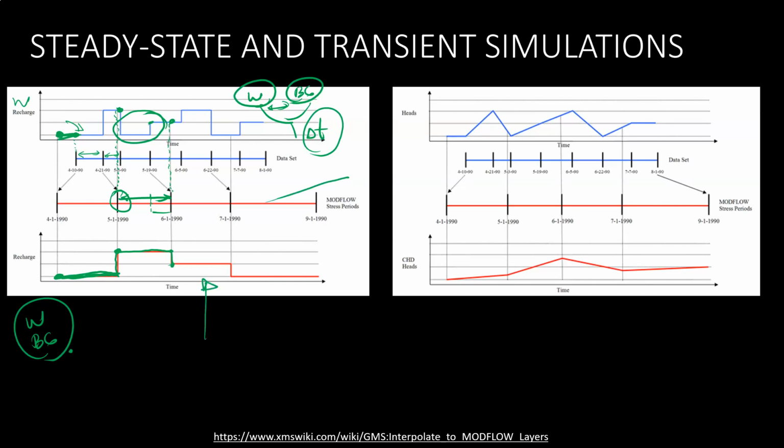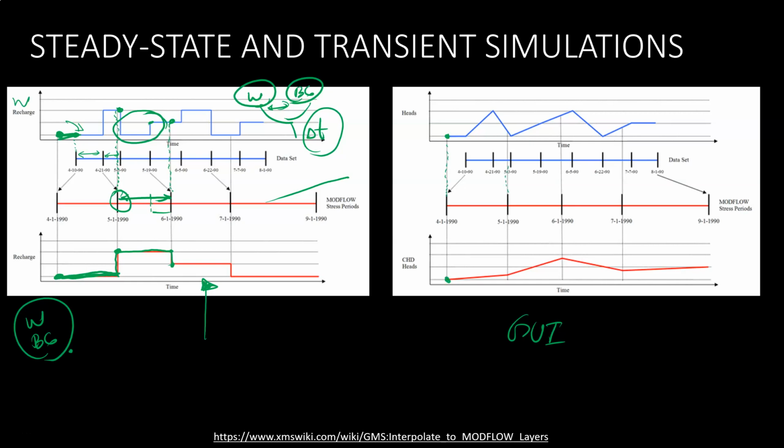So traditionally MODFLOW was like this, but GUIs recently have had an interpolation tool where it works like this. Again, at the beginning of a stress period, it goes and reads the value.